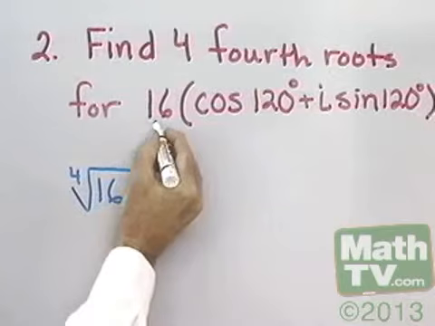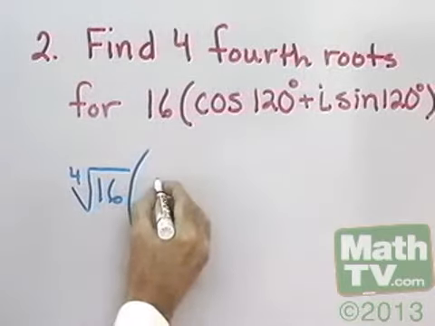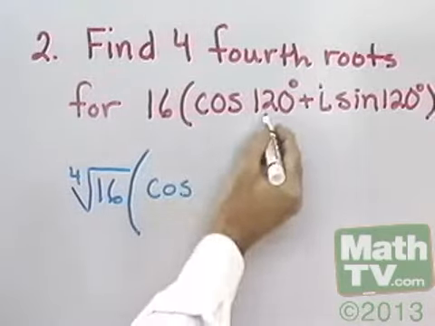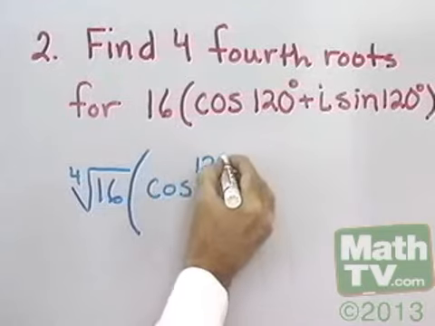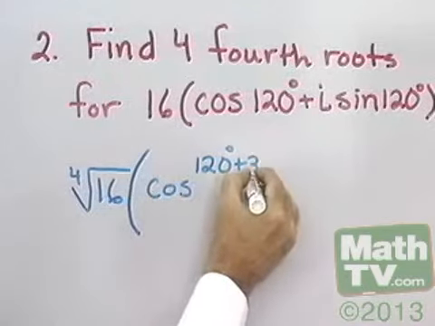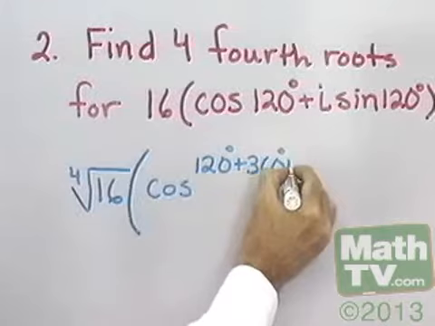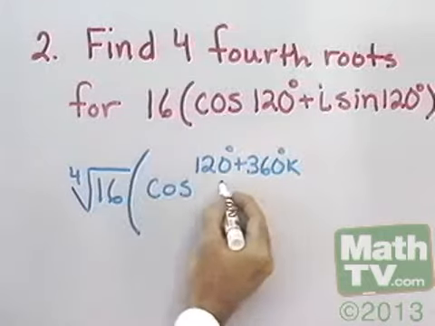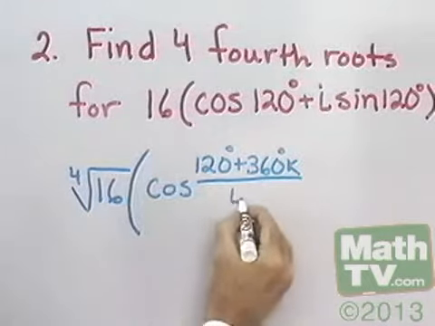So I take the 4th root of this number, and then I multiply that by cosine of, okay, I'm going to take my angle, 120 degrees, and I'm going to add on multiples of 360, because that's the period for cosine and sine, and then I'm going to divide that by 4.